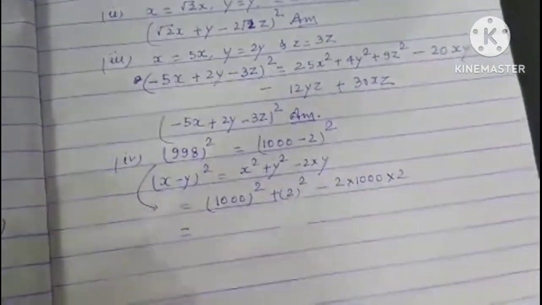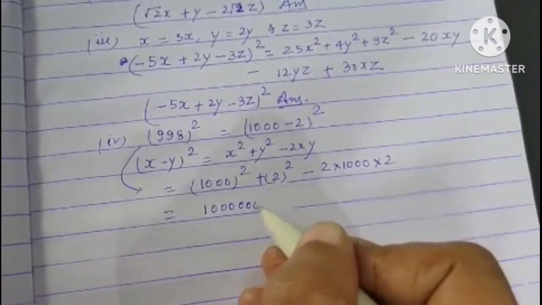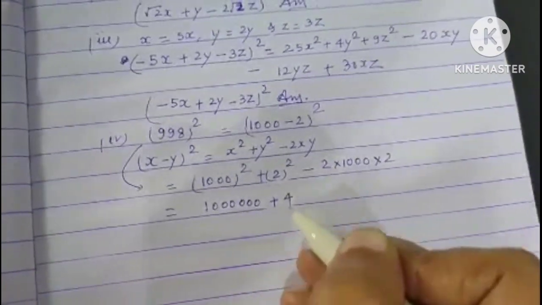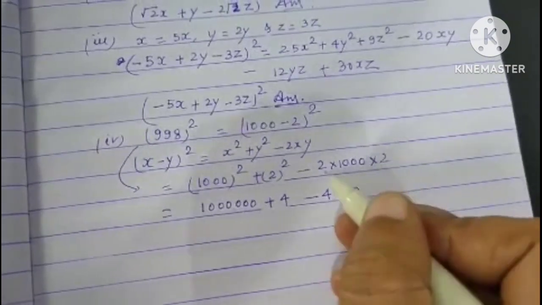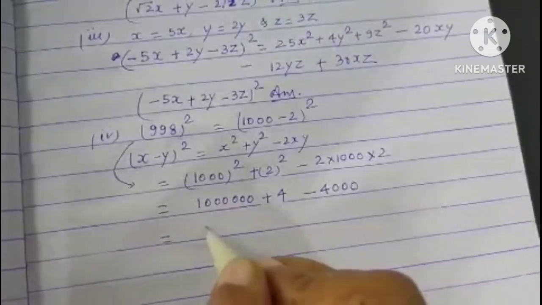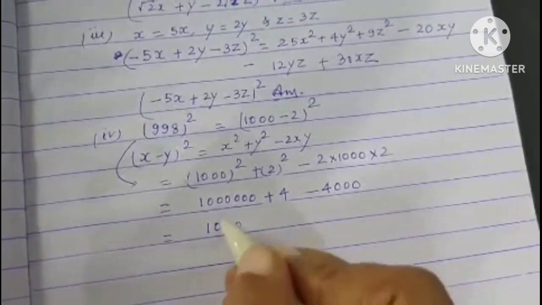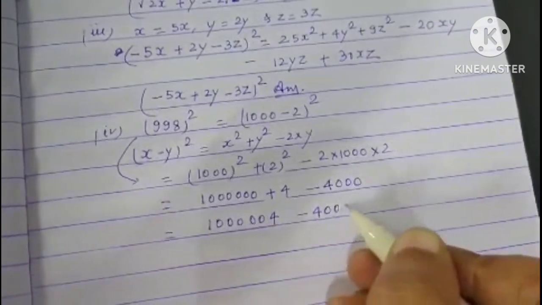Okay, so it will come out 1 2 3 4 5 6, it is square, plus 4 and minus 4000. I think 1000 into 2 into 2, 4000. Now you have to only plus and minus, so let us write it like this, 0 0 4 and minus 4000.